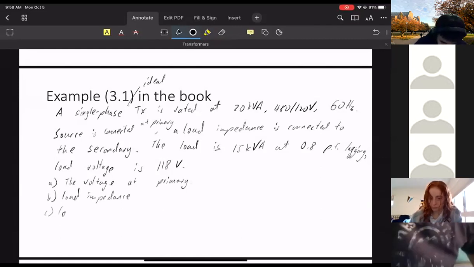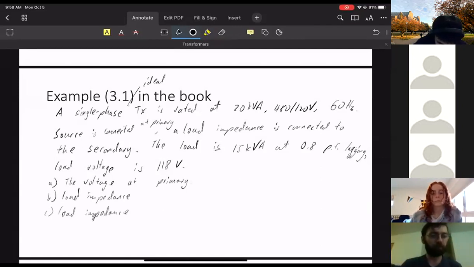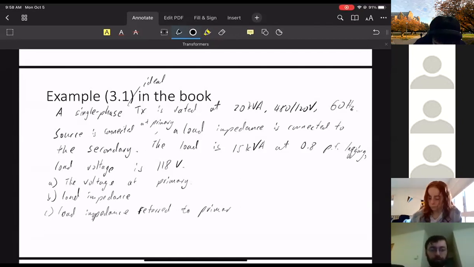C, the load impedance referred to the primary. D, the real and reactive power supplied.